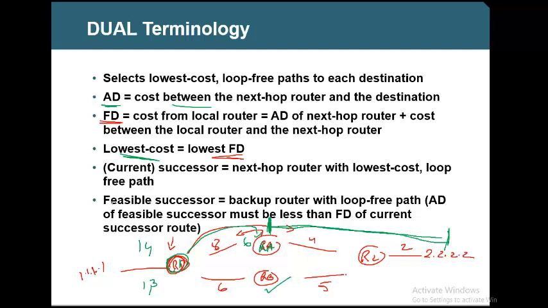Now my question is, is the path via router A qualified to be a feasible successor? Path via router A, is this path qualified to be the backup path? Yes. How?